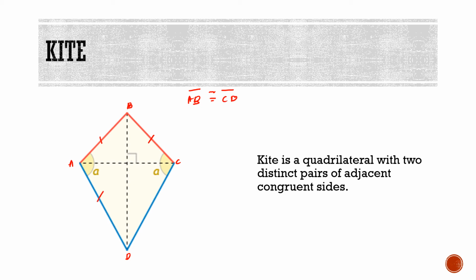Side AD is adjacent to side CD. So we can write this as side AD is congruent to side CD. So that means if your AB is 10 centimeters, CB is also 10 centimeters. And if AD is 15 centimeters, CD is also 15 centimeters.